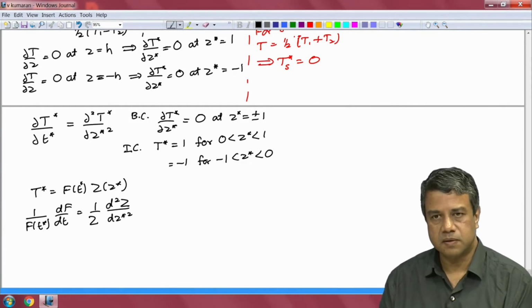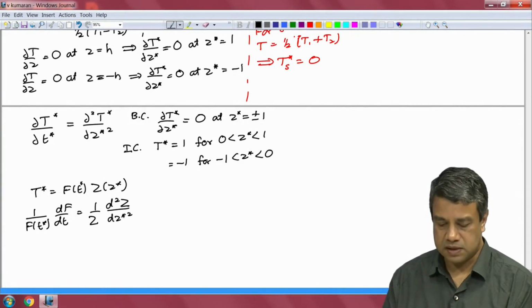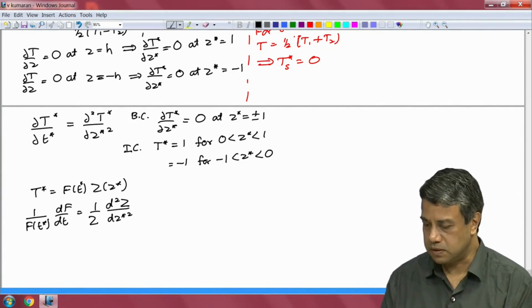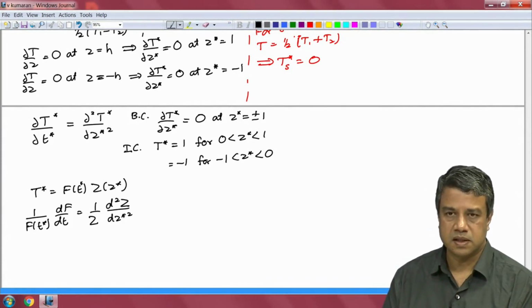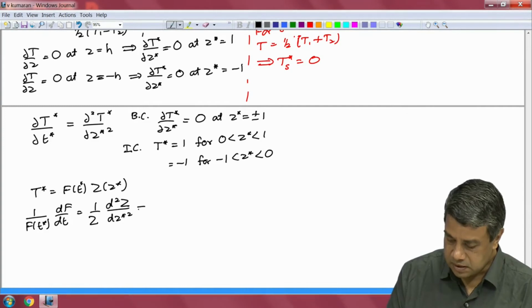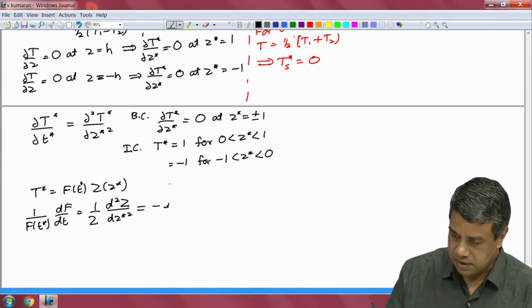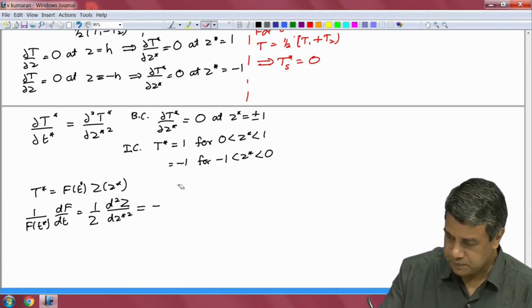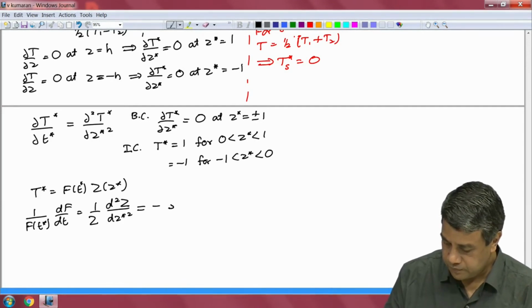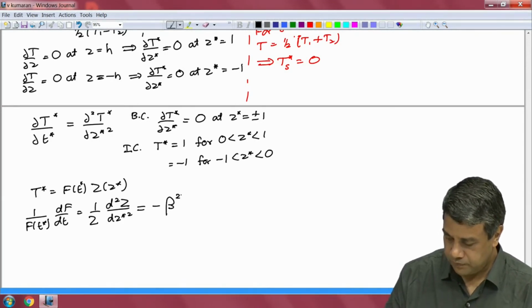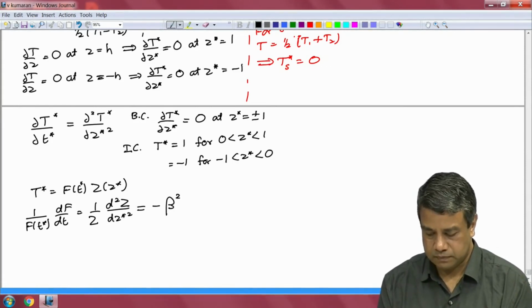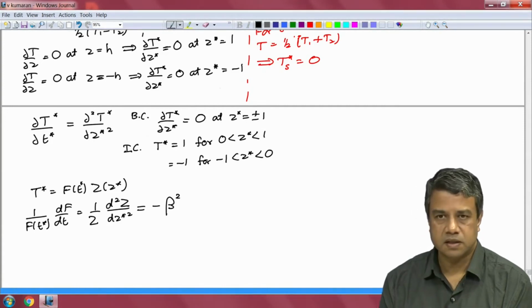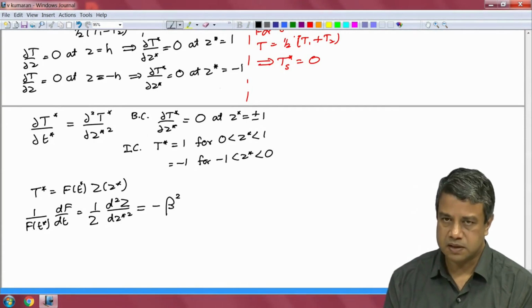Since the transient part has to go to 0, in this case the transient part is the total solution. Since it has to go to 0 as t goes to infinity, this has to be equal to minus beta square. And beta has to be chosen so that the boundary conditions are satisfied.